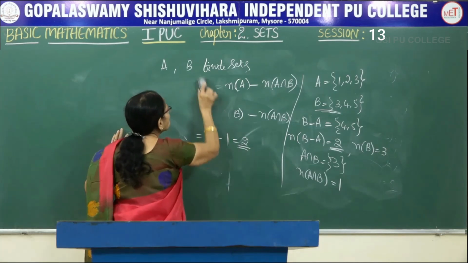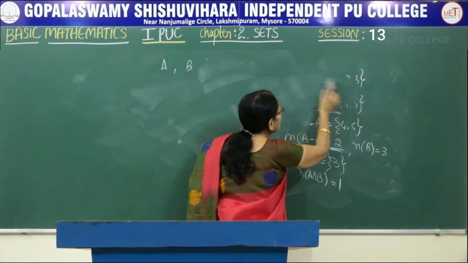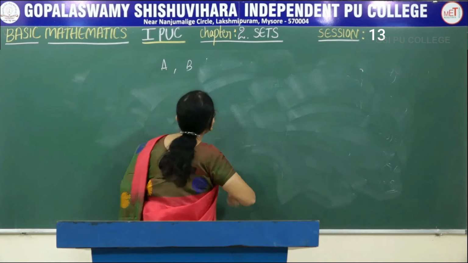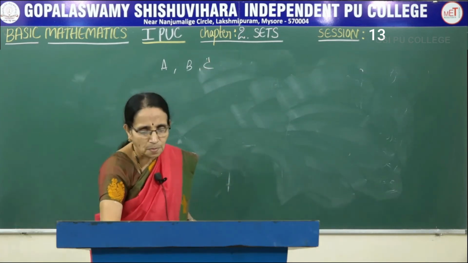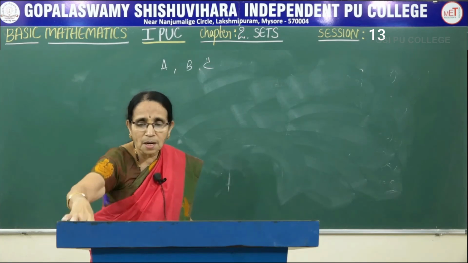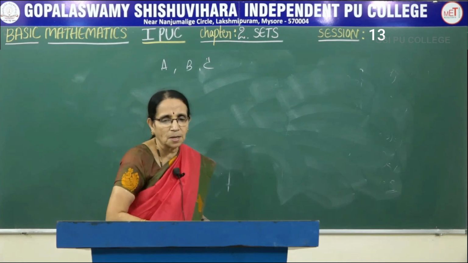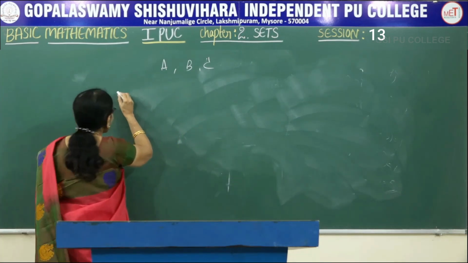Now, suppose I consider one more set here. Apart from A and B, let me consider one more set C. Of course, C is also a finite set. So taking 3 finite sets, that is A, B and C here. This statement you have to remember, it's a lengthy one.